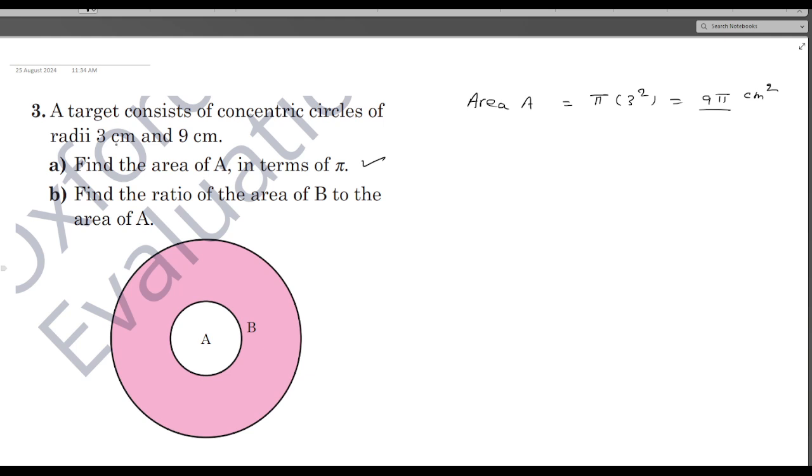The target consists of concentric circles of radius 3 and 9. Find the area A in terms of pi and the ratio of area B to the area A. Now here there is a little confusion whether we consider B as the whole circle or as the shaded area. I believe I will consider B as the shaded area.